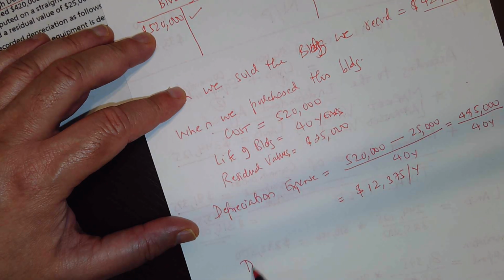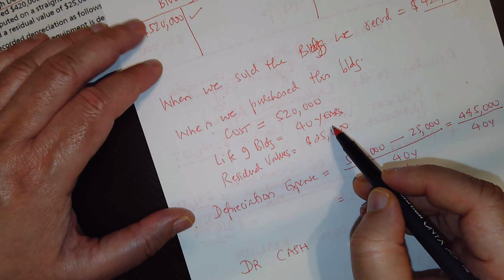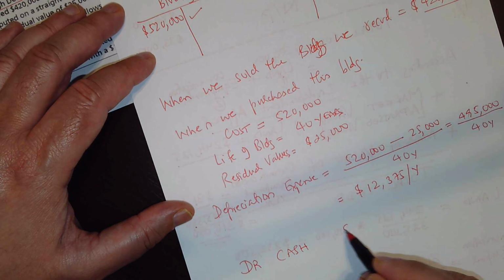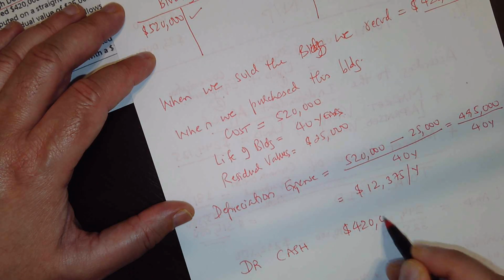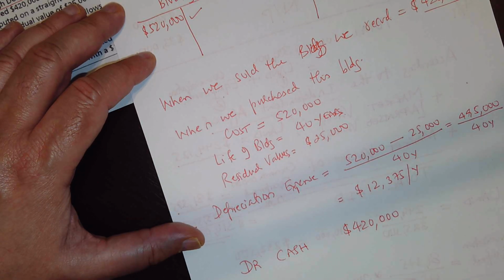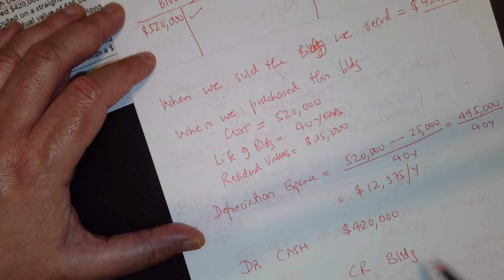The cash of $420,000 is coming, so we're going to debit, so that's coming in. What is going out? We're going to credit building of $520,000.